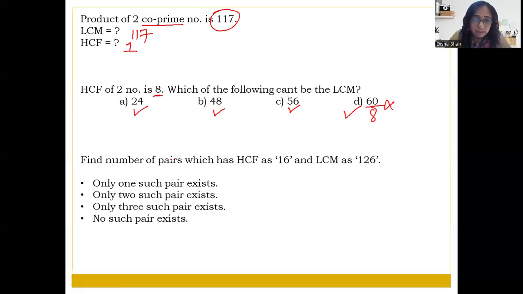Next, find the number of pairs which have HCF 16 and LCM 126.